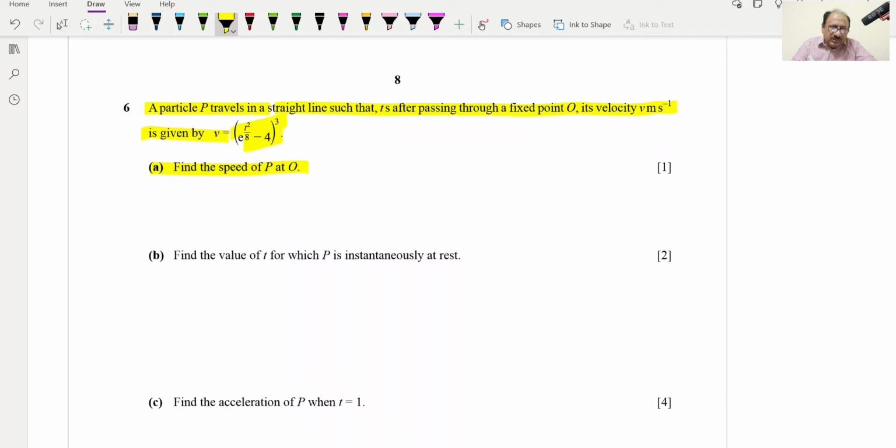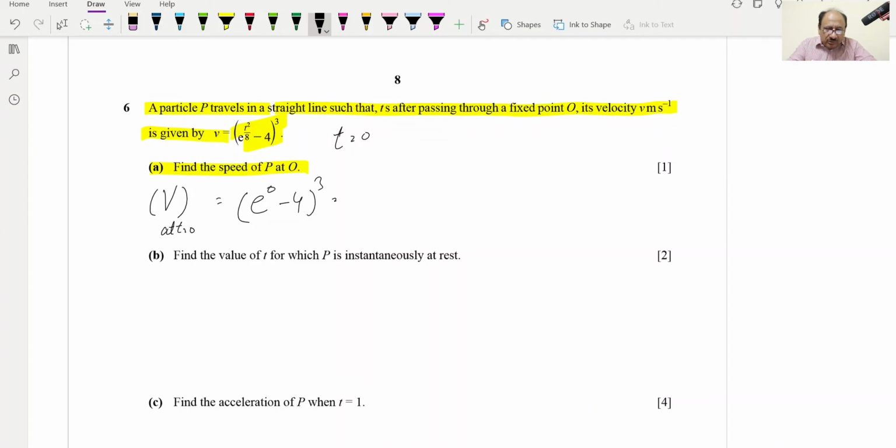So at origin t will be equal to 0, so we will replace t is equal to 0, and velocity at t is equal to 0 will be equal to (e raised to the power 0 minus 4) whole cubed.